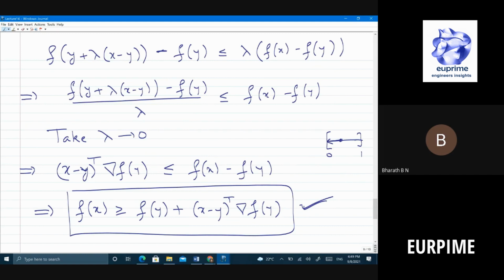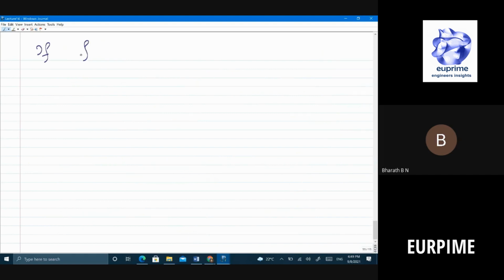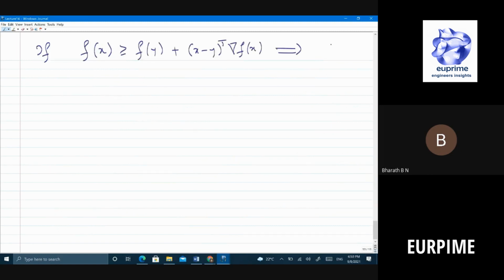So the question we will ask is, if f of x is greater than or equal to f of y plus (x minus y) transpose gradient of f at y, does this imply f is convex? So if the Hessian of f is positive semi-definite, this inequality is true. If that implies f is convex, then we are done.